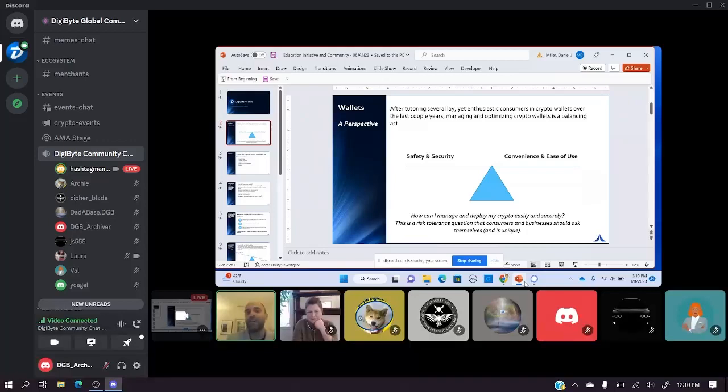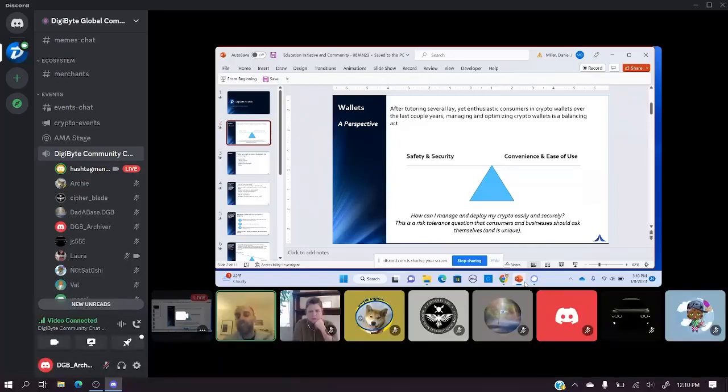And it really comes down to this balancing act between safety and security and convenience and ease of use. How do I manage to deploy my crypto easily and securely? That's a question that we all should answer.